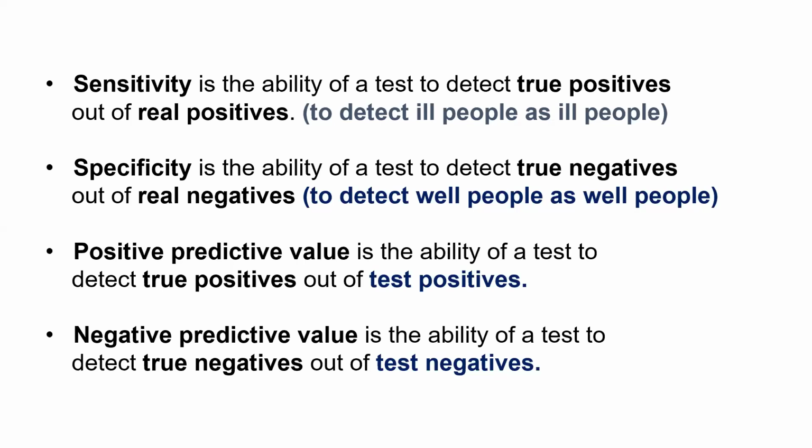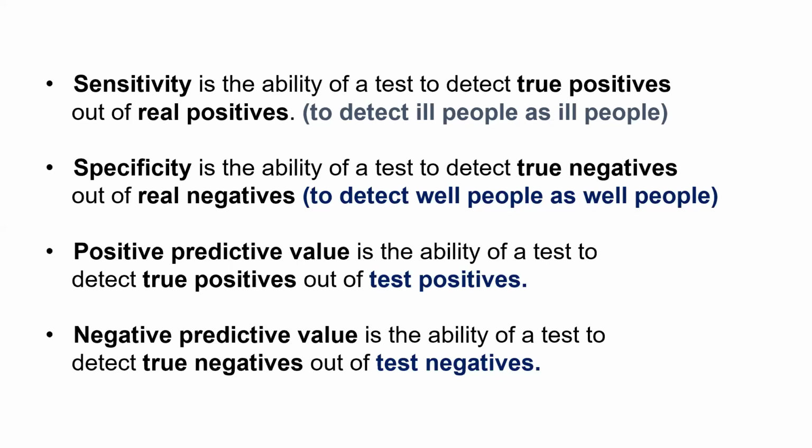There are two other measures, positive predictive value and negative predictive value. What do these two mean? Positive predictive value means: out of the people detected as positive by the screening test, how many actually have the disease?